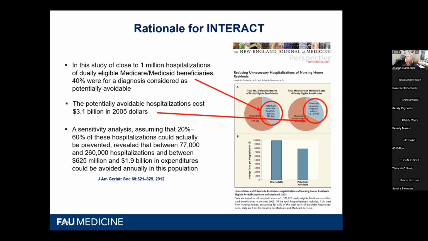So it's very expensive. And so if you think about it, what are we doing sending nursing home patients to the hospital when they don't have to go, creating potential harm and spending so much money? It just makes no sense. It's never made sense to me.